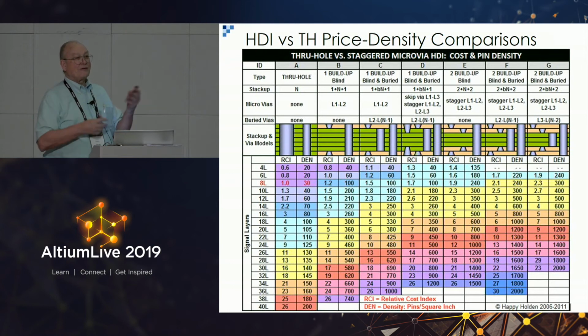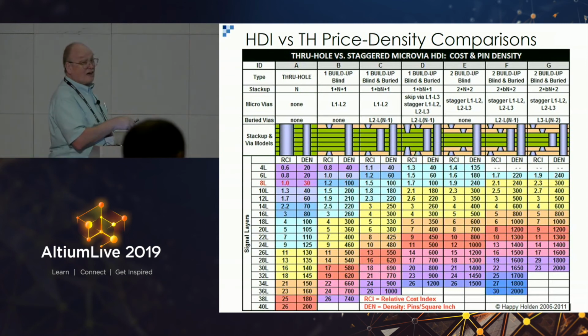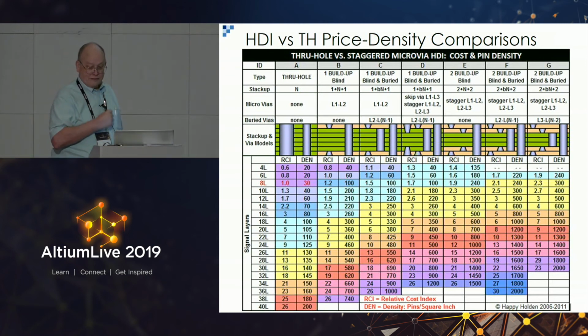So nobody's getting anywhere. So I took a lot of data and created these constructions, and I referenced them to the multilayer, which we all understand, this thing right here. So it has two measures. Density is the average pins per square inch, and relative cost is not in euros.